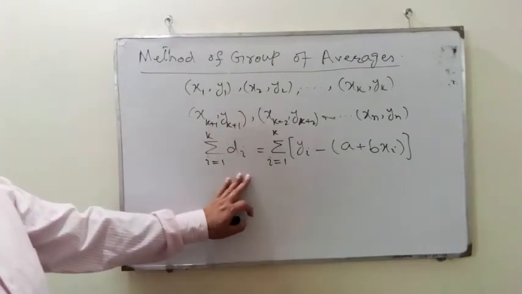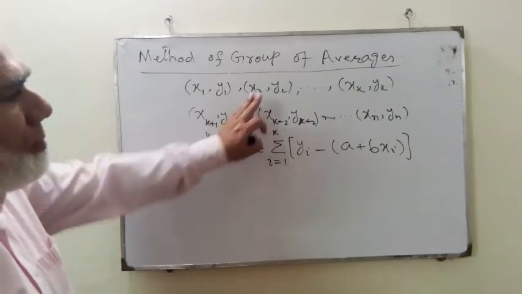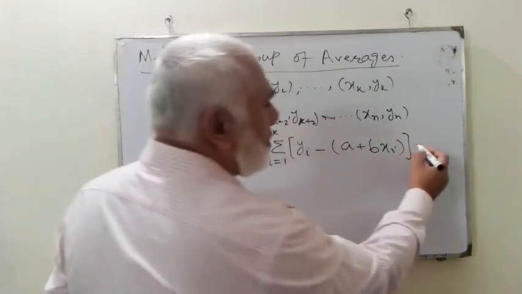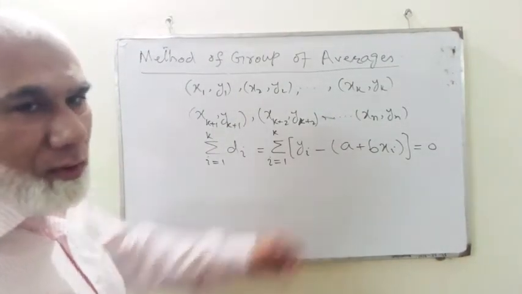So this is the sum of all the differences for set number 1, and according to the theory we have developed, this sum should be equal to 0.